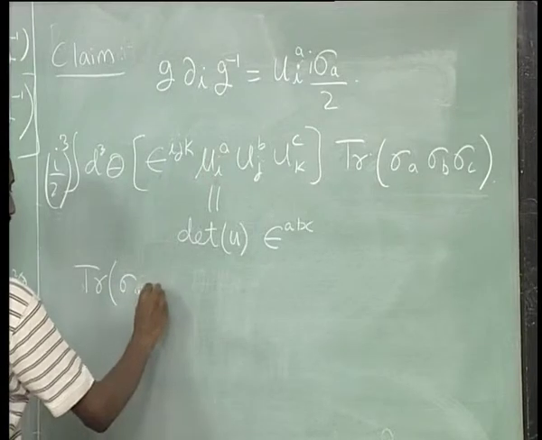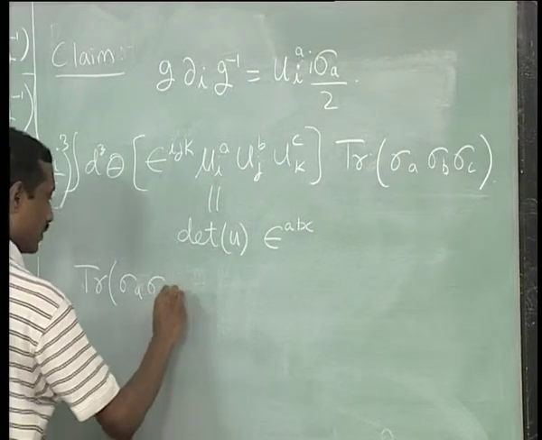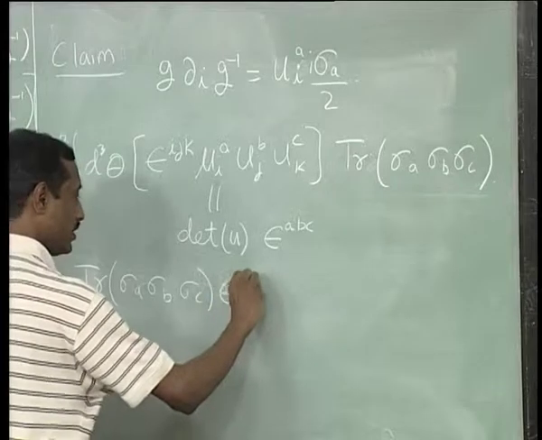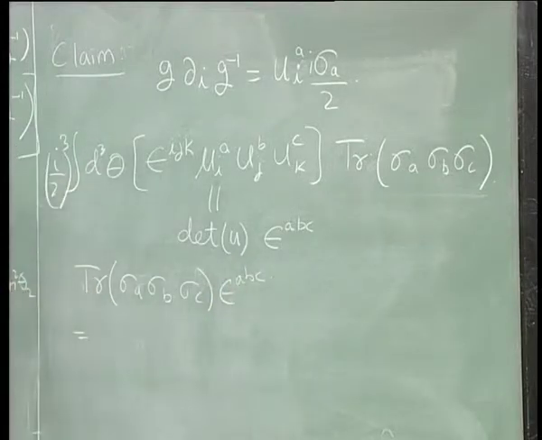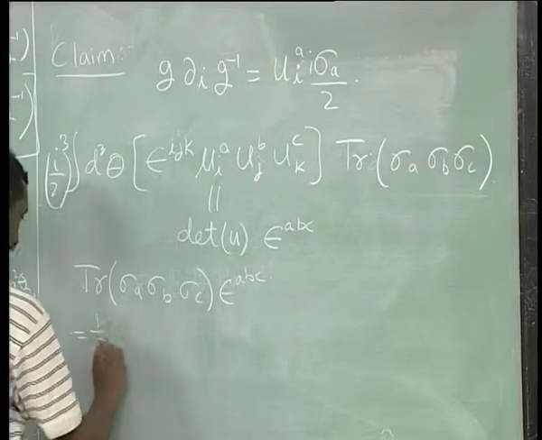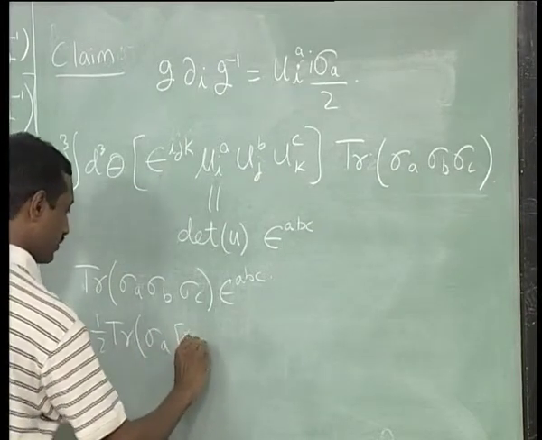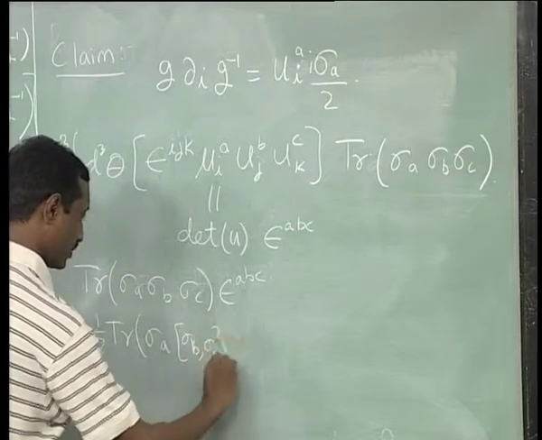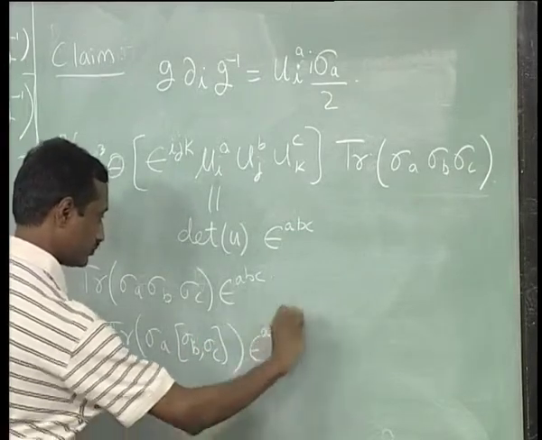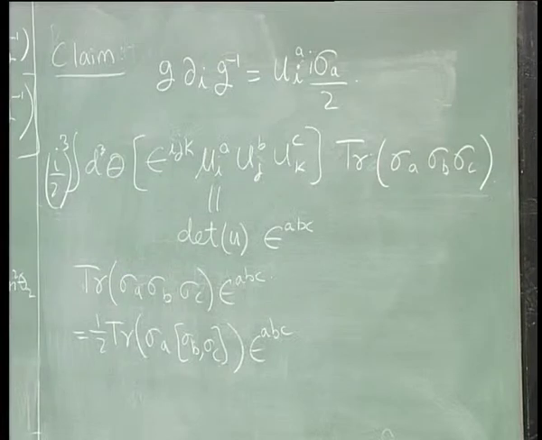epsilon_abc, trace of sigma^a sigma^b sigma^c epsilon_abc, and this I can rewrite as half trace sigma^a times the commutator of sigma^b and sigma^c. Okay. What is the commutator of two Pauli matrices?